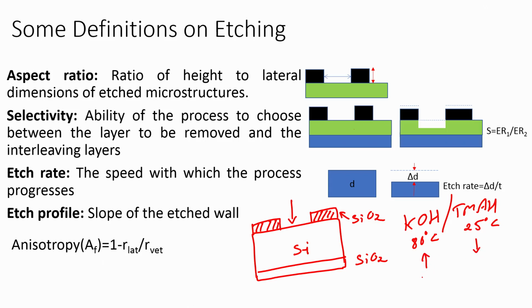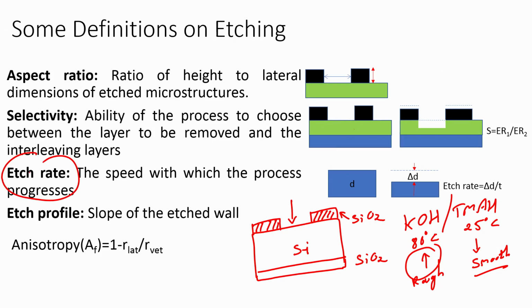With KOH the surface roughness is poor, with TMAH the surface is smoother, so better, right. This is coarser, this is smoother. Advantages, disadvantages. Now, one thing that we have seen is the etch rate for KOH is higher, that means the silicon can be etched faster, that is what etch rate means, right.